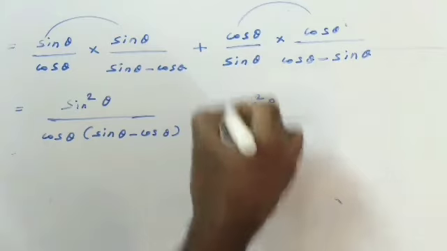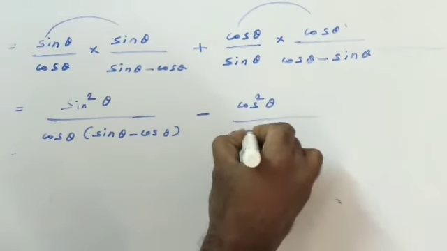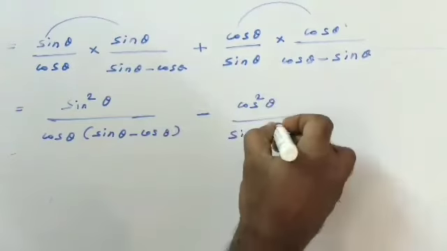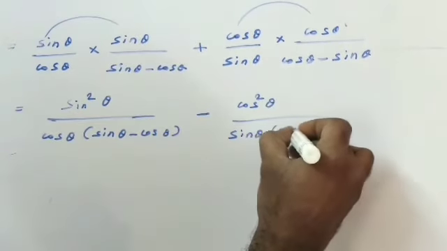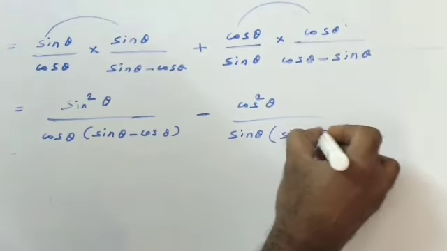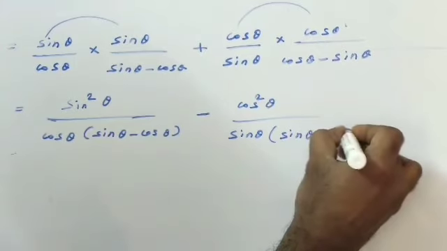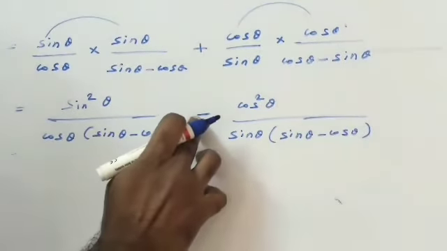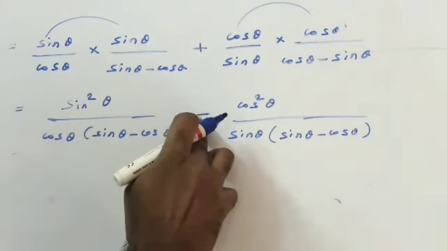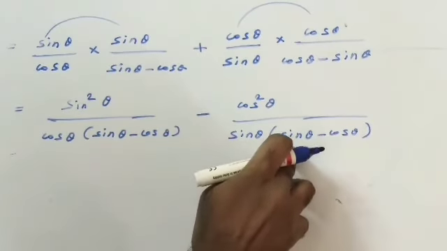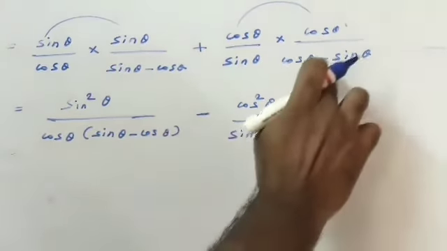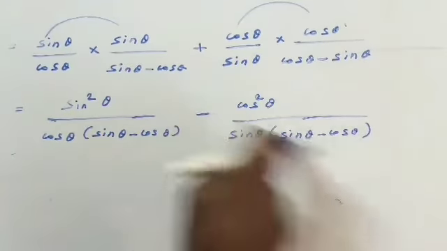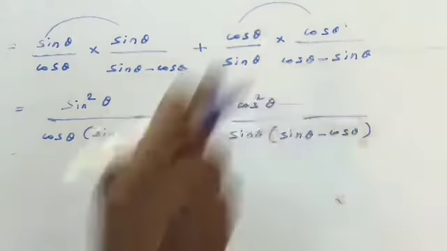In the denominator we have sin theta; the minus symbol is taken out here, so you write sin theta minus cos theta. Now listen, minus into plus, minus sin theta, and minus into minus, plus cos theta.